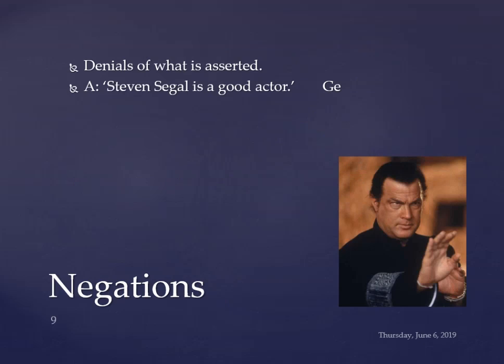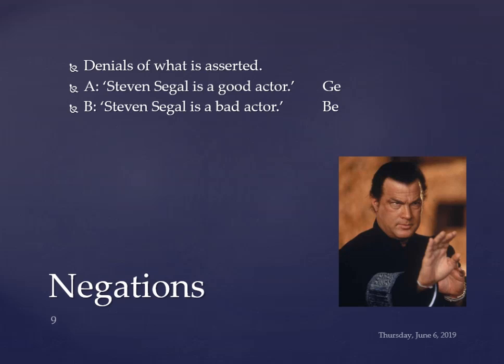If you don't know who that is, you can find him on YouTube and have a laugh. A says that, B says, no, Steven Seagal is a bad actor. So what you could do here is deny what's asserted by taking Seagal out of the extension of G and putting him in the extension of B. That's a way of doing this, okay?